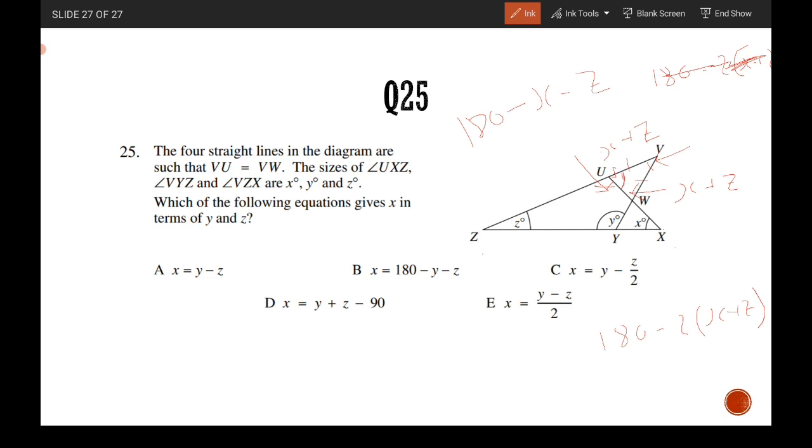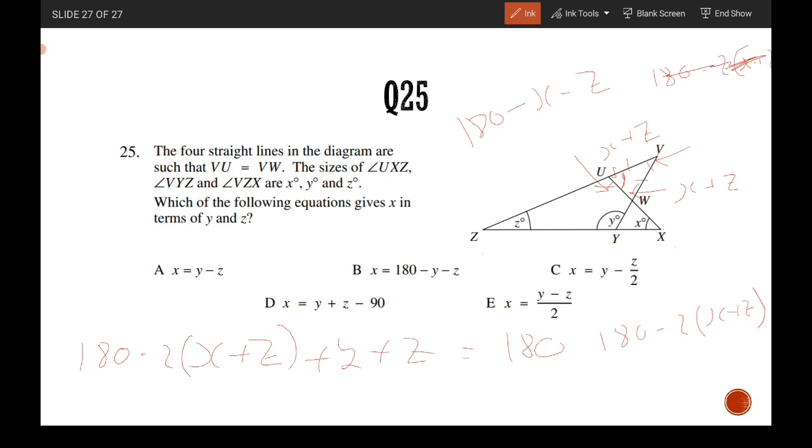And now we have the single triangle VZY or VYZ, which contains terms in x, y, and z. So we can do that. So if we do 180 minus 2 lots of x plus z plus y plus z equals 180.